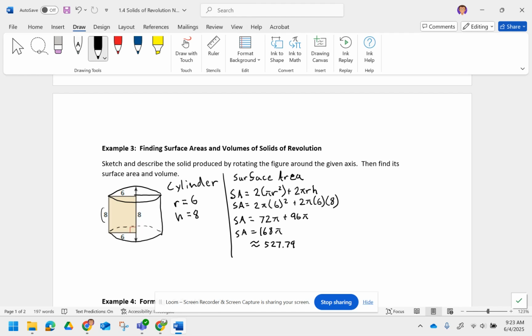All right, and now let's think in terms of units. Surface area is done in squares, so this would be units squared.